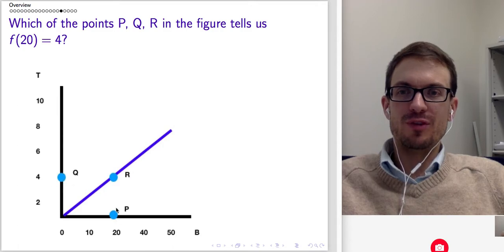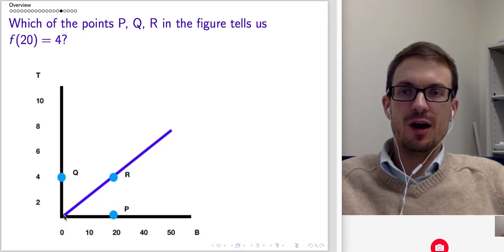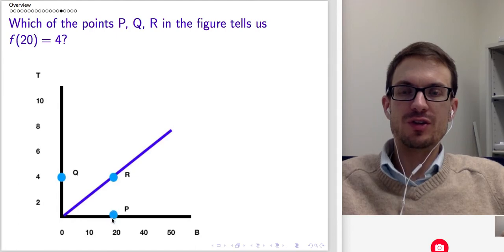And then let me go, since I initially misspoke, this P, the coordinates of this point are 20, 0, right? So it goes 20 units in the horizontal direction, 0 in the vertical direction. So the coordinates of this point P are 20, 0. And then this thing goes 0 in the horizontal direction and 4 in the vertical direction.